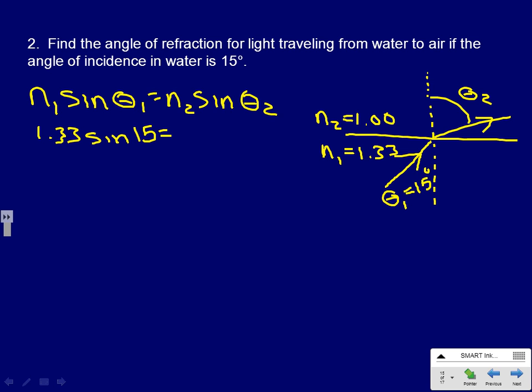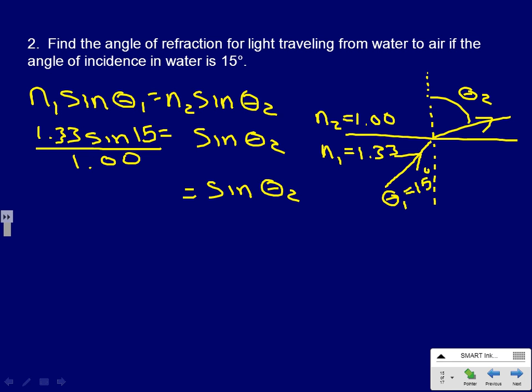Again, some of you are realizing that N2 is going to go down underneath, so we could take a little shortcut here and put that one down there. That then gets me sine theta 2. What decimal number do you get for that?